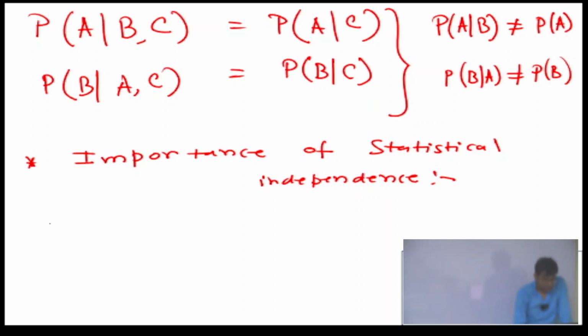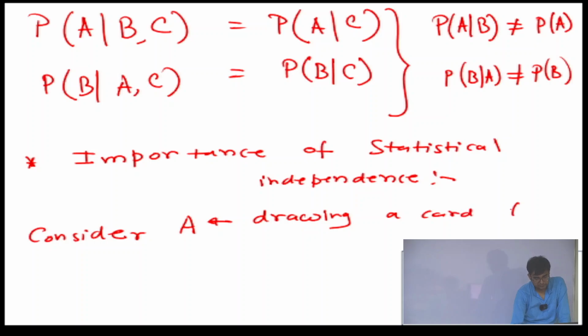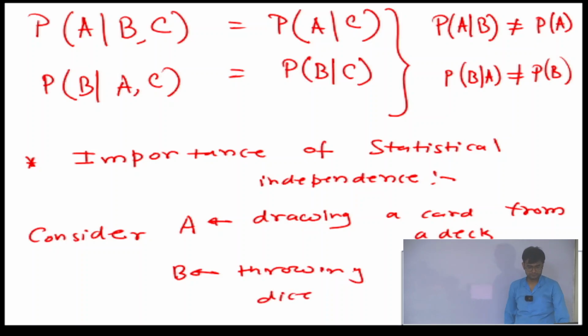So, consider A to be drawing a card from a deck, and B is throwing a dice, which is a simple one. A is drawing a card from a deck of 52 cards.